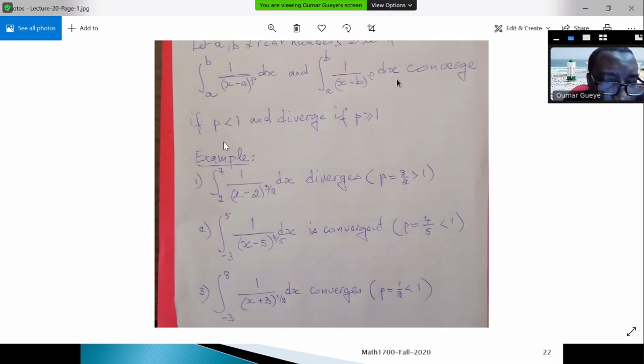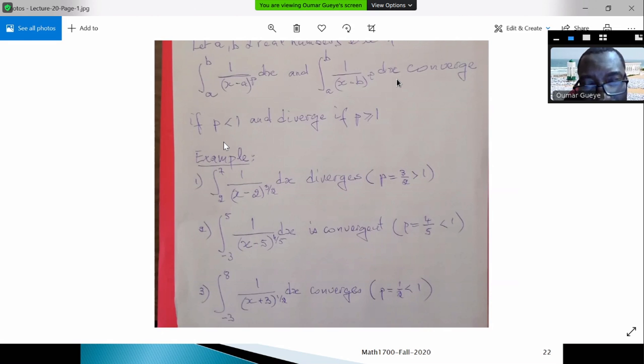Based on what the comparison test is, we have a very complicated integral and we compare it with another integral that we already know is convergent or divergent. It's going to help us conclude.